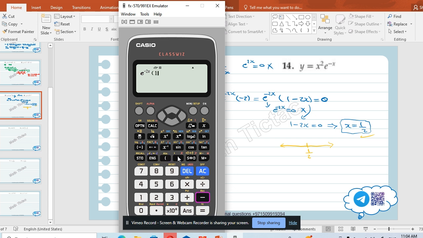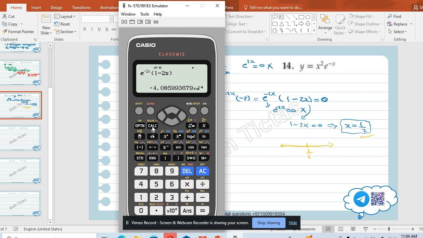Okay, then I'll substitute in the derivative directly. So in here, going to the calculator, I'll write the derivative. So this is e to the power minus 2 alpha x, and then multiplied by 1 minus 2 alpha x.